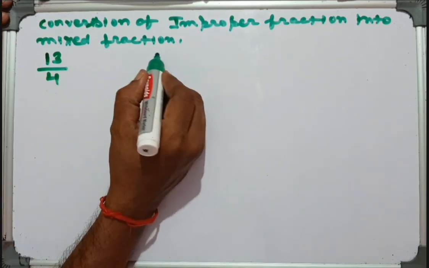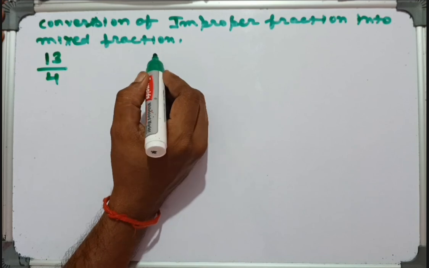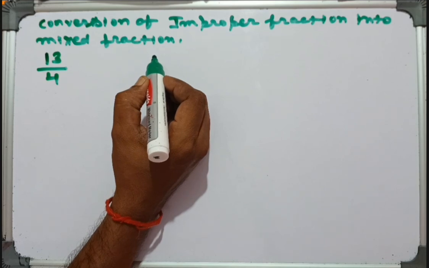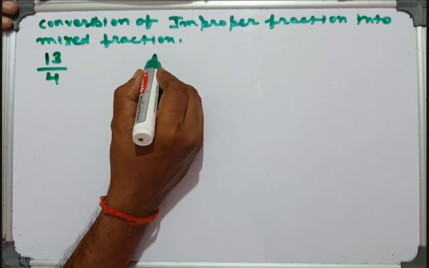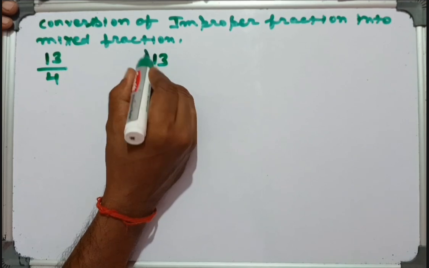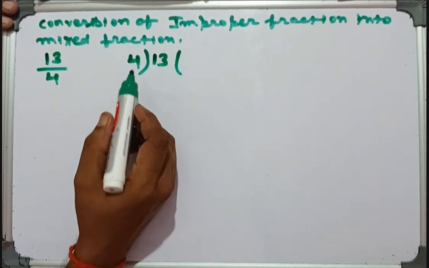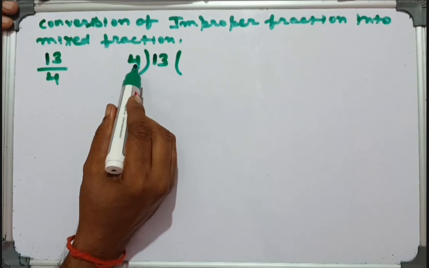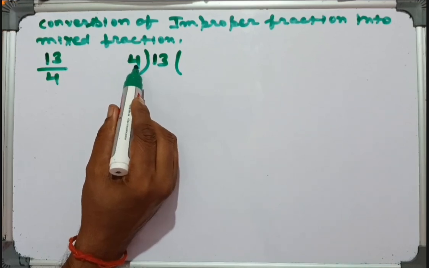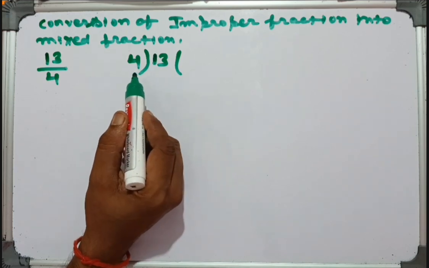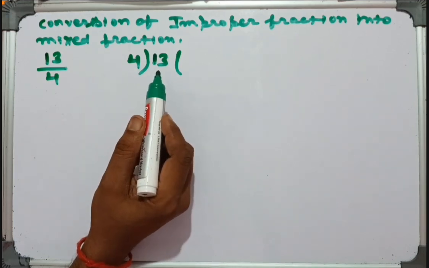See, earlier I mentioned some properties of division. So we apply here 13 as the dividend and 4 as the divisor. Then we read the table of 4: 4 threes are 12 and 4 fours are 16.